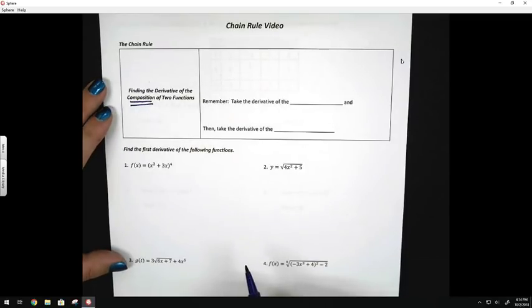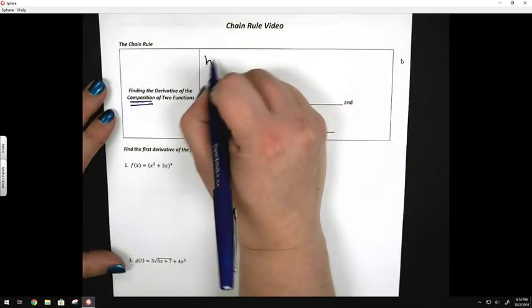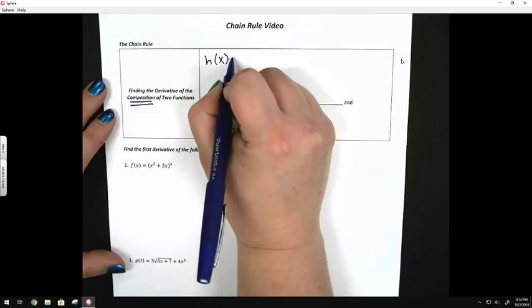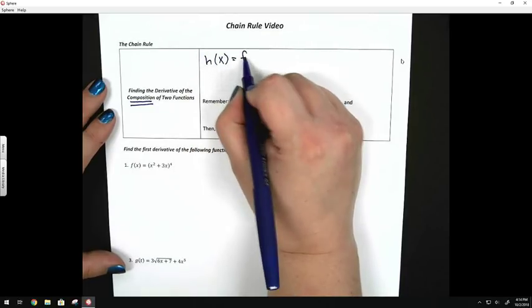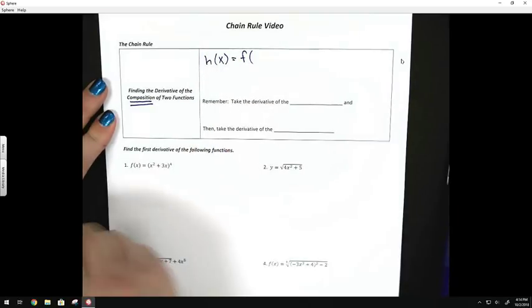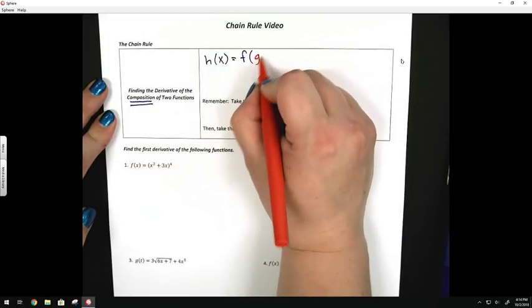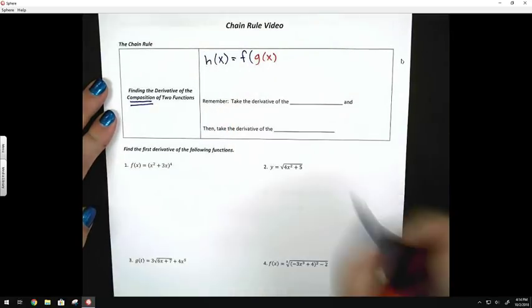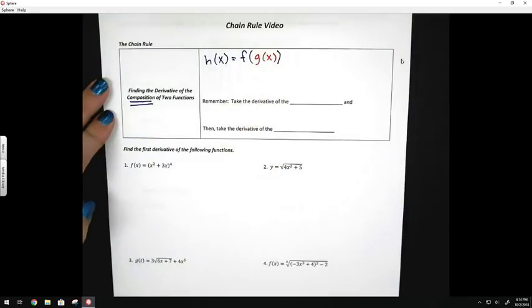A composition means one function inside of another. For example, we could have something like h of x equals f of g of x. All right, that is our original function.